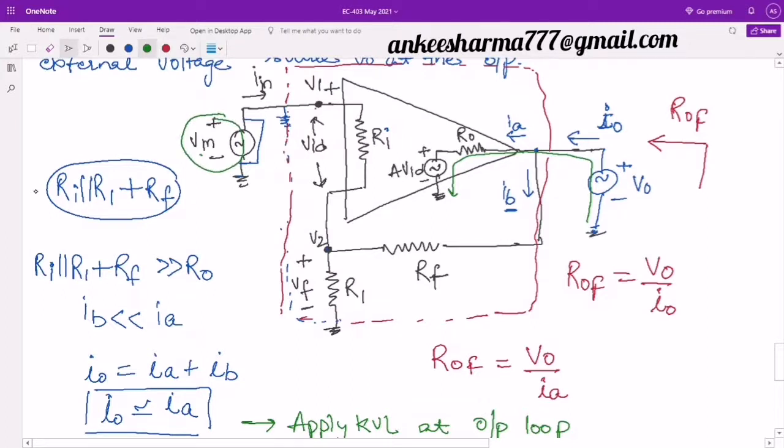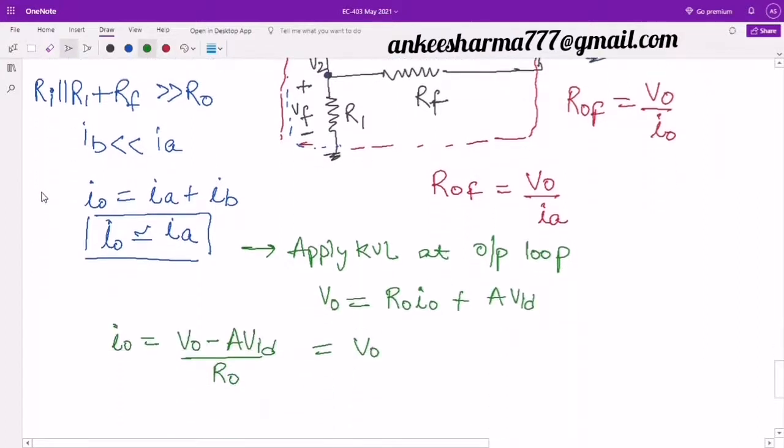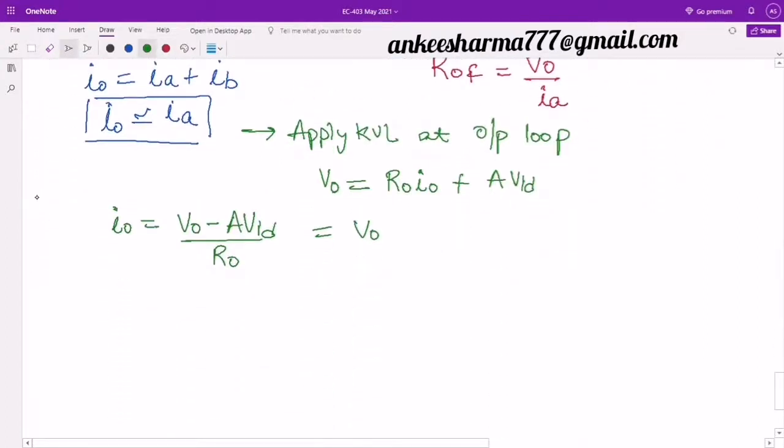So VID is equal to V1 minus V2, but V1 is equal to 0 because of shorting of this independent voltage source, so VID is equal to minus V2, and V2 is VF. So I can write VID as minus VF. When I write minus VF in place of VID, it will be V naught plus A times VF divided by R naught, right?